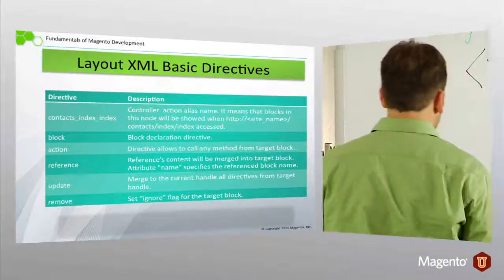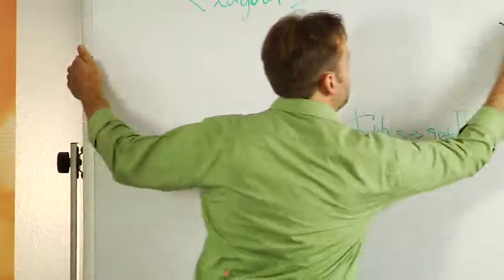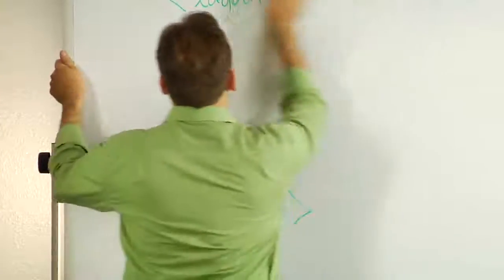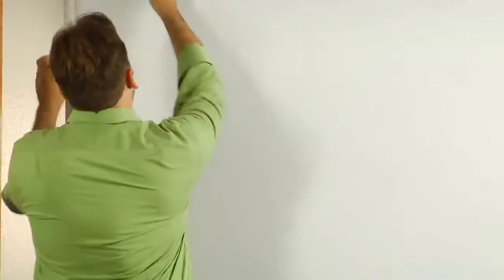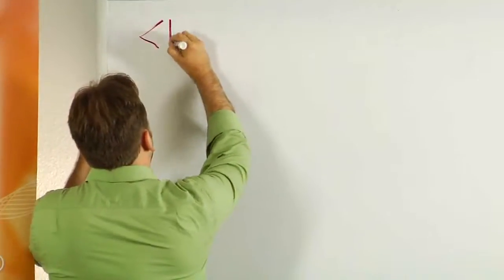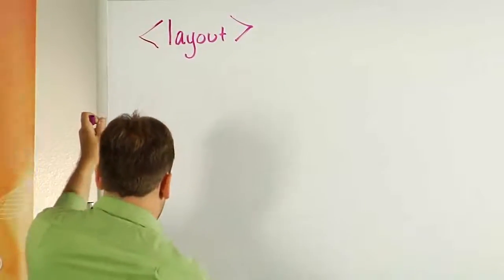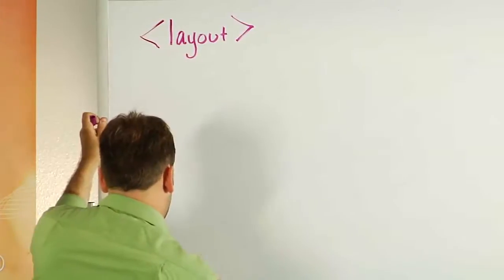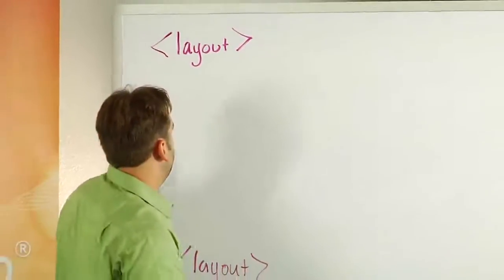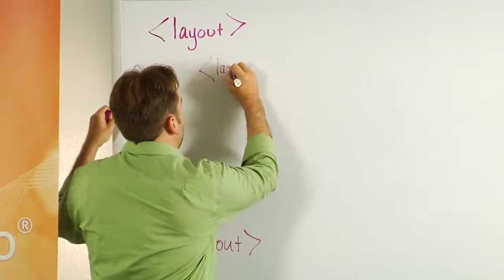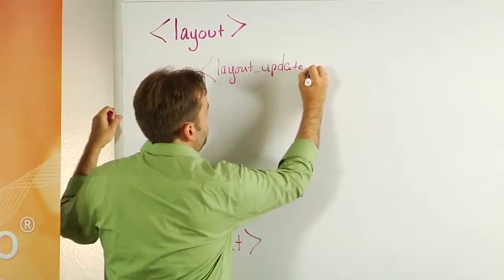So then we also have the block directive. And this is just some string, really.